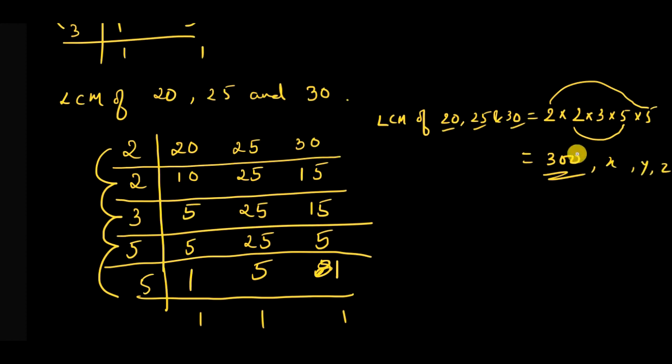Other numbers will be greater than 300. Like x is also divisible by all of them, but it's not the smallest number which is divisible by these three numbers. 300 is the smallest number divisible by all of them, so this will be the LCM. LCM means basically this, right?